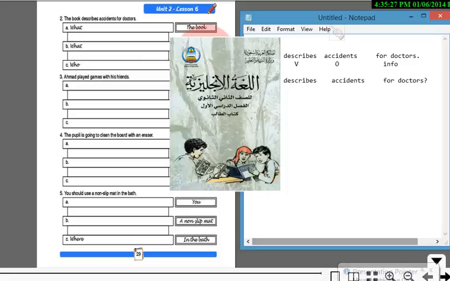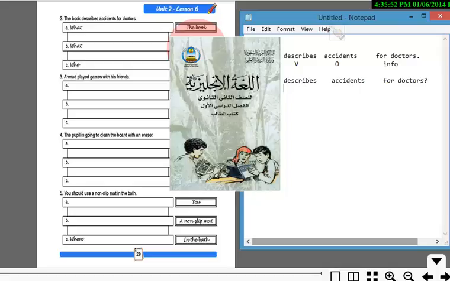So let me try to point this out for you again. It's what, and we're going to ask about accidents. So this is the missing part that we're going to focus on. So it's what, and we have just changed it from this position into this position.